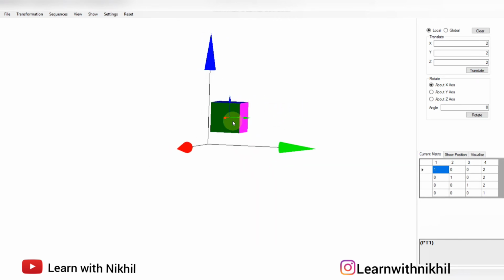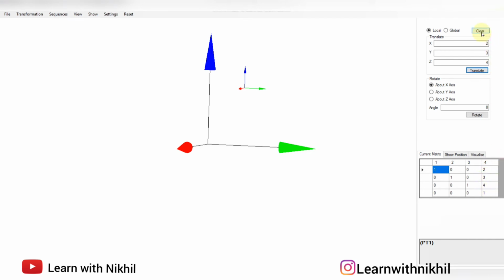So this point is the q point, which is qx, qy, qz equal to 2, 2 and 2. You can give any values you want. You can write 2 3 4. You can click on translate. So this is the point, this is 2 3 4. So this part, these first 3 lines, is the position matrix. This is a 3 into 1 matrix.